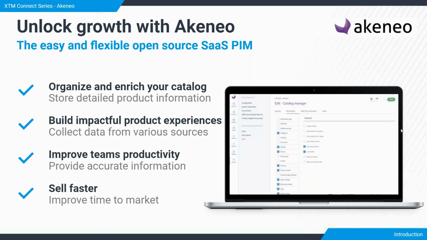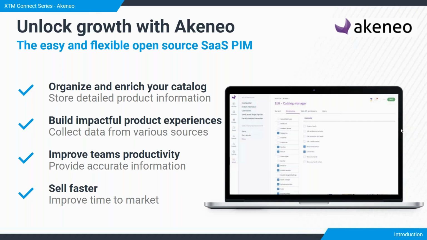Okay, so speaking about Akeneo, for those of you who already are working with Akeneo, you will know that it's a very easy and flexible open source software as a service PIM, product information management tool, that helps you organize and enrich your catalog and store detailed product information.